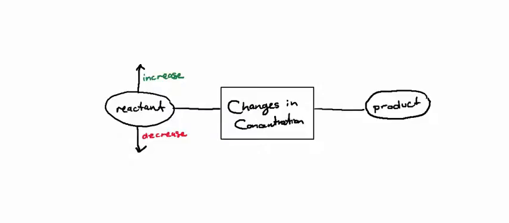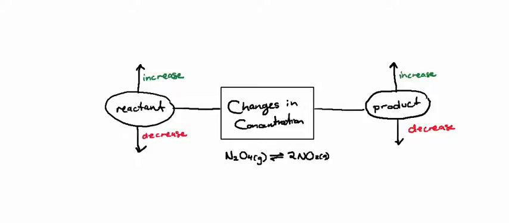The same goes for the concentration of products. So we can increase the concentration of products. So this might involve actually adding in some more of that product, or we can decrease the concentration of the product, and that might be done by removing the product as it forms.